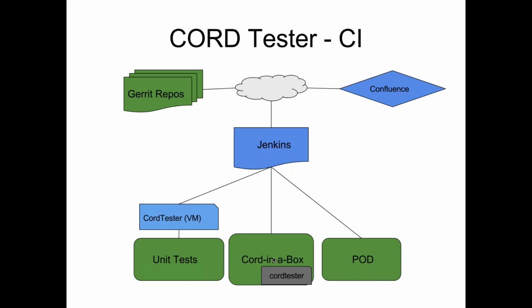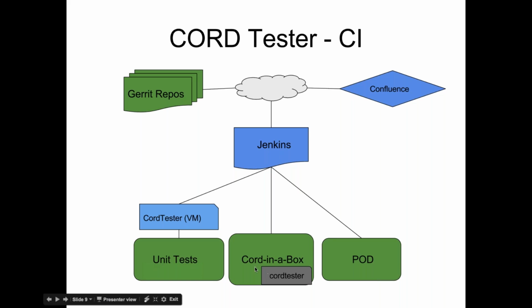If you see the tests that we are running through Jenkins, the green box in the middle is talking about CORD-in-a-Box. We have a server where we first deploy the CORD-in-a-Box software and install it.